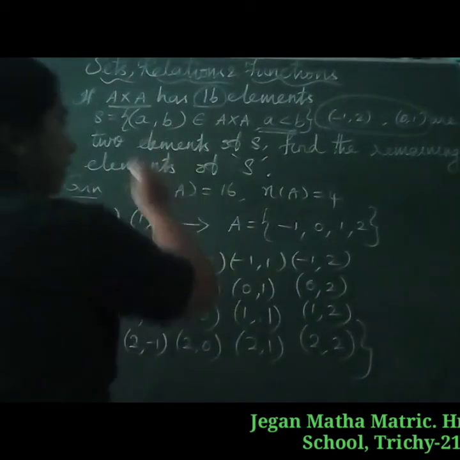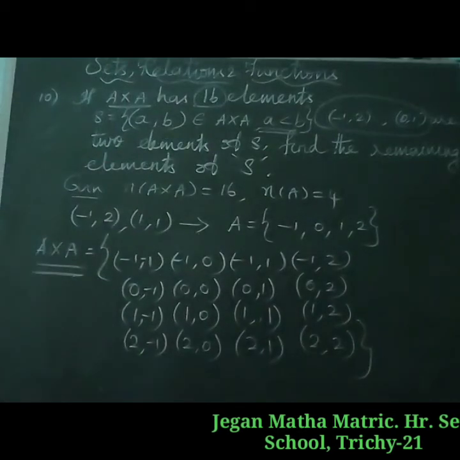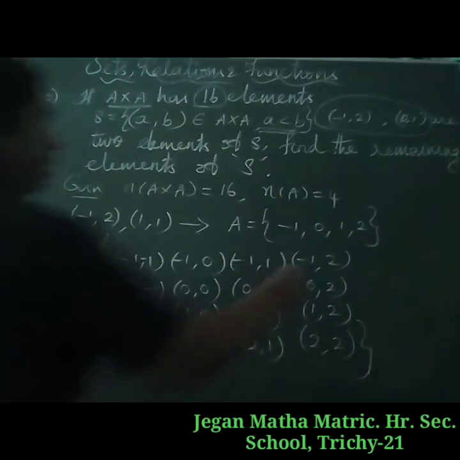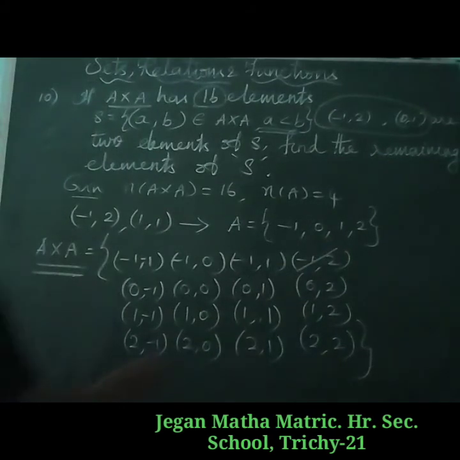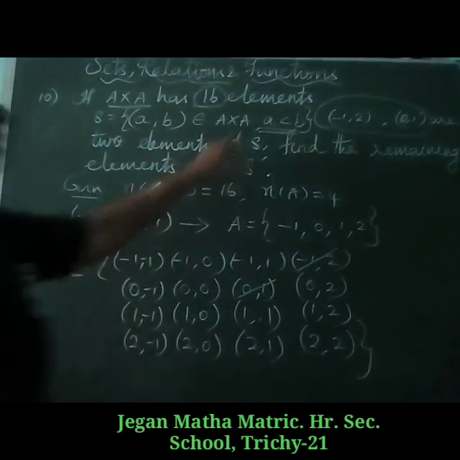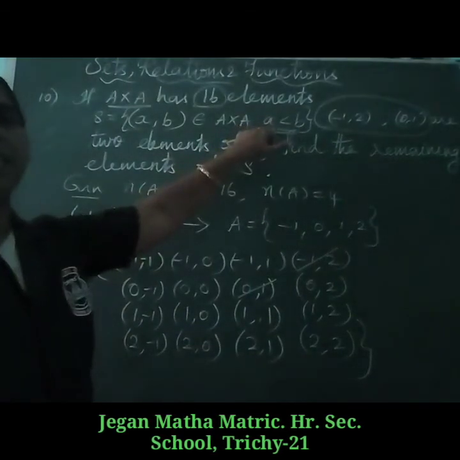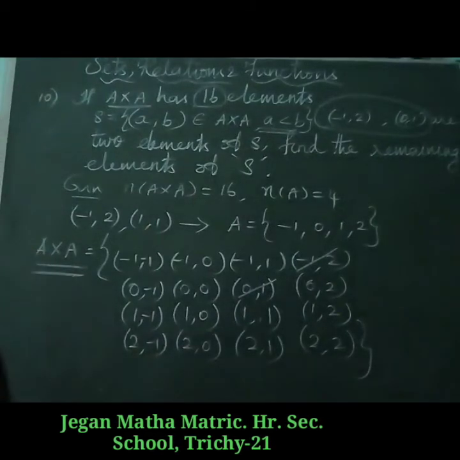But the set what is given? S is defined as a less than b. Already it is given: (-1, 2) is given in the question and (0, 1) is also given. These two are the elements. Remaining elements that satisfy this condition we have to find out. So a less than b, which are the elements?